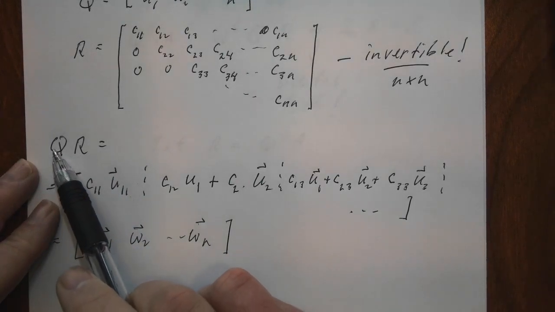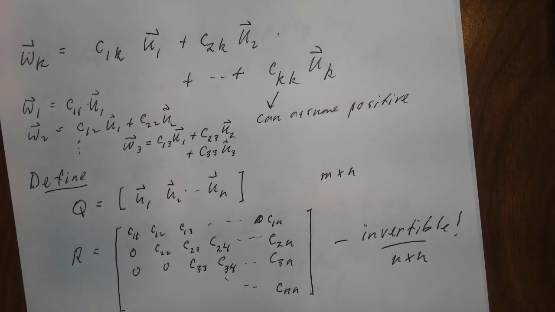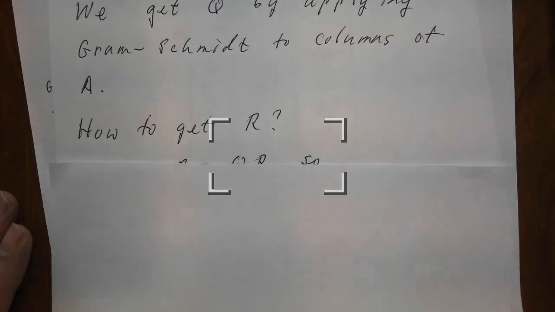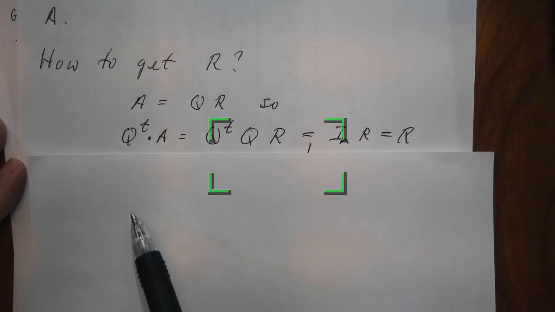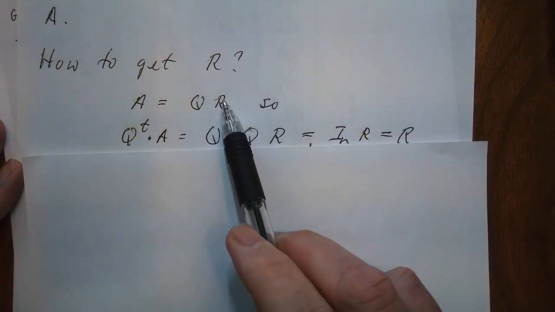We know how to get the matrix Q. We take the column vectors of A and we perform Gram-Schmidt to get an orthonormal basis for the column space. But now we have to figure out how to get R. This is really cool. So how do we get R? Let's take A equals QR and multiply each side by Q transpose. So Q transpose A equals Q transpose times QR.